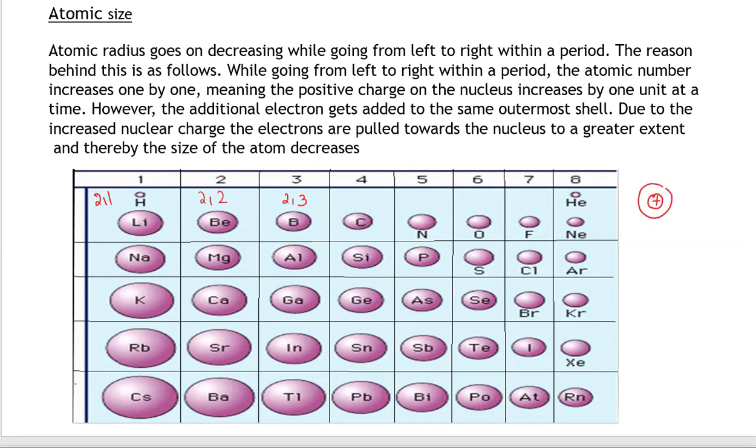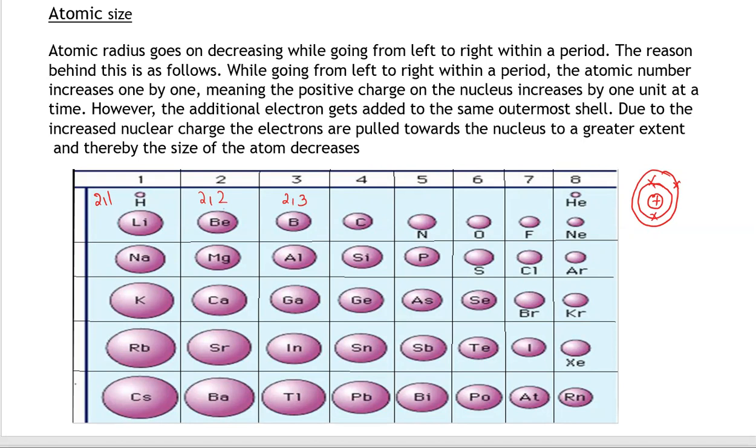First shell contains 2 electrons. Second shell contains 1 electron. Now, coming to beryllium, here also number of shells is 2. From electronic configuration, how can we find out the number of shells? Okay, here also number of shells is 2.